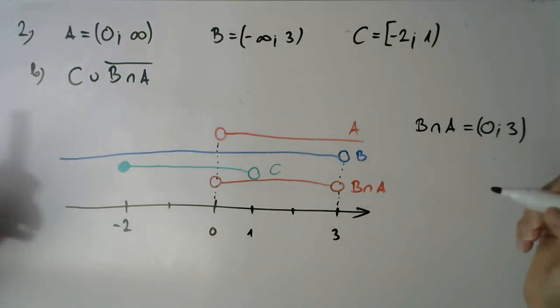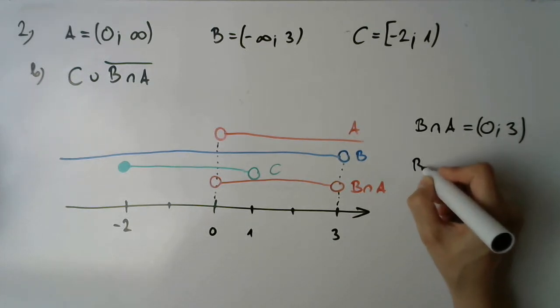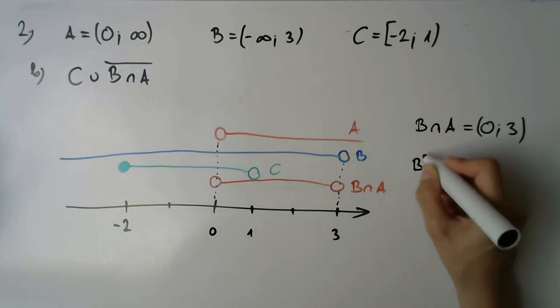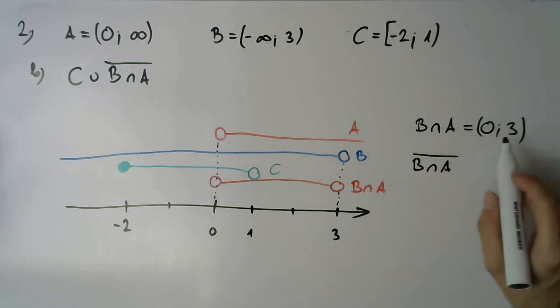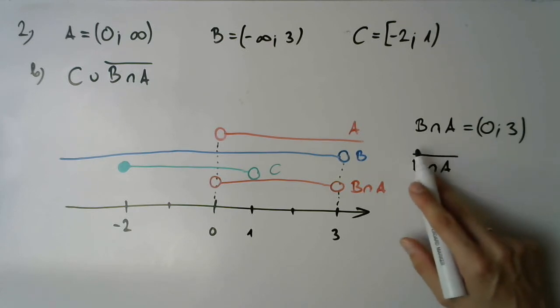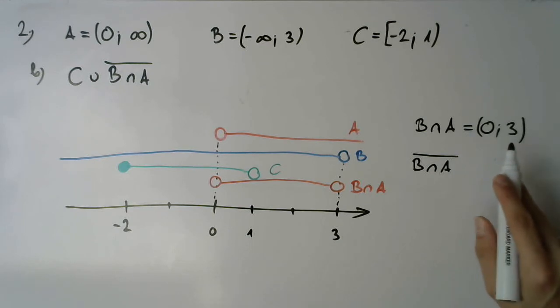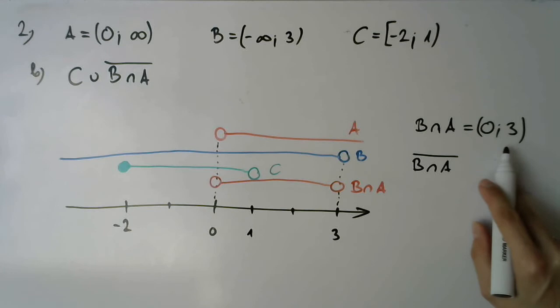Now I need to find the complement of this interval with respect to the real numbers. Now if I want to read this out, it means that B intersection A means numbers which are greater than 0 and less than 3.